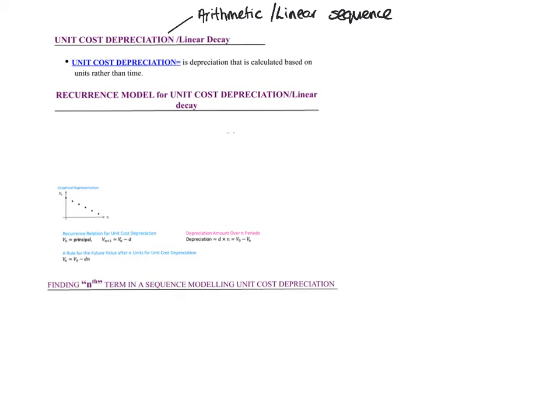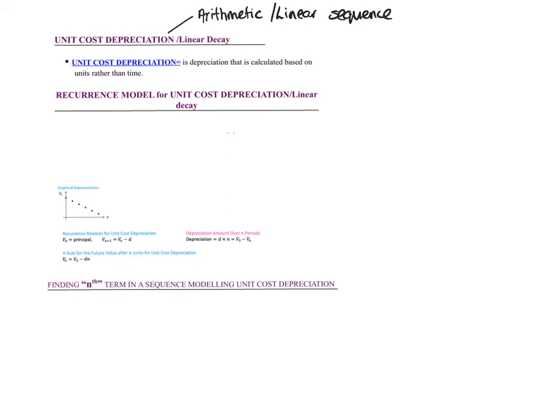So sometimes they say, if you're using a lawnmower, every time you use that lawnmower, the value of it decreases by $2. So they've worked it out that it's a value that every time you use it, it will reduce. So it's not a time thing, is it? It's a use. So if it sat in the garage and never got used, its value is still good. But the more it gets used, the value goes down. And that's what the unit cost depreciation is. It looks very similar to flat rate. It's just how the D is calculated.